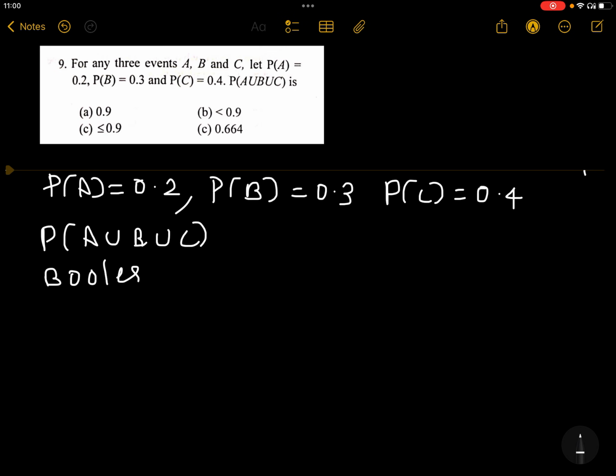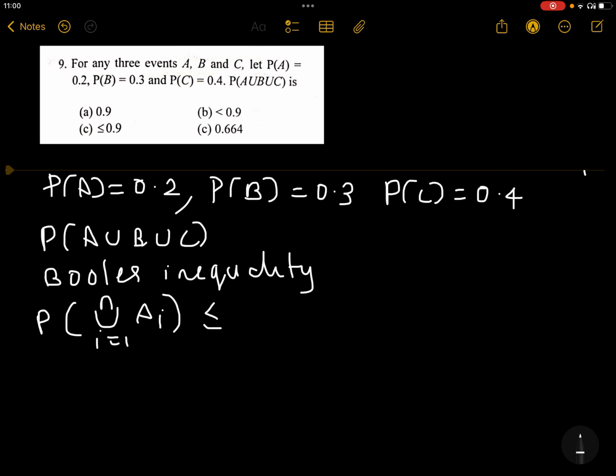Boole's inequality states that for any events, the probability of the union from i equal to 1 to n of Ai is less than or equal to the summation from i equal to 1 to n of the probability of Ai.